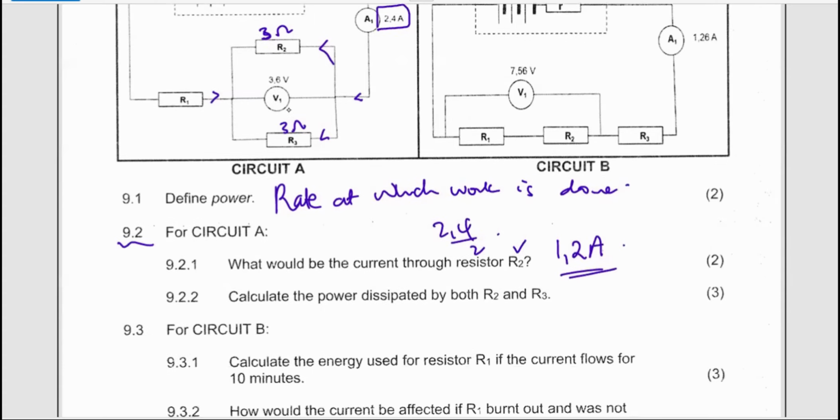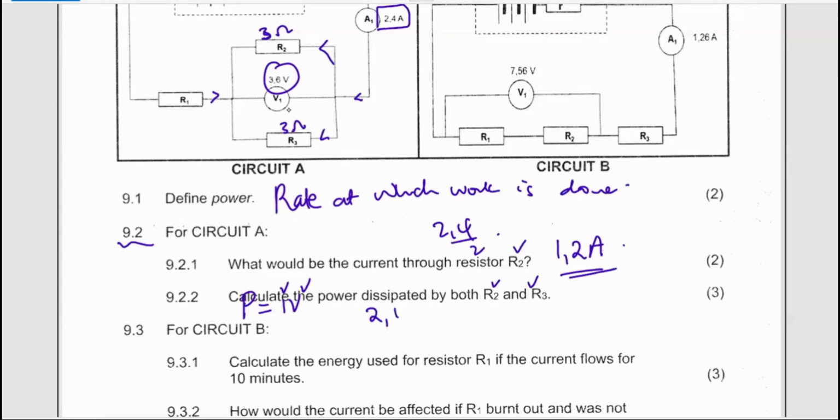Then 9.2.2, they're asking for the power dissipated by both R2 and R3. I know that power is given as IV, the voltage and the current. The voltage across R2 and R3 is 3.6, and the total current is 2.4, because they are only 2 parts.